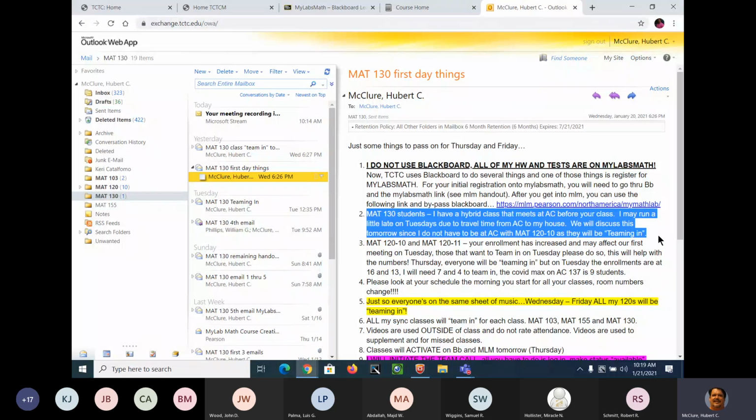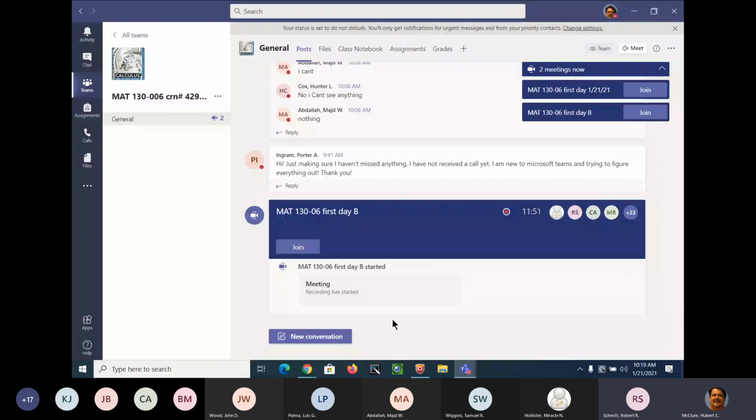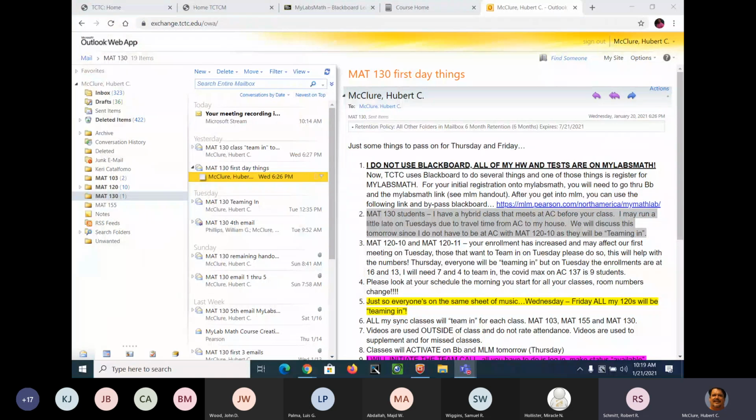So if you pull up Teams and you're sitting on this page right here, you might see a message that comes up and says, I'm running late, y'all. I will be calling you at 9:40 instead of 9:35 or something like that. All right. Please look at your schedule the morning of class. Some of your rooms may have changed.